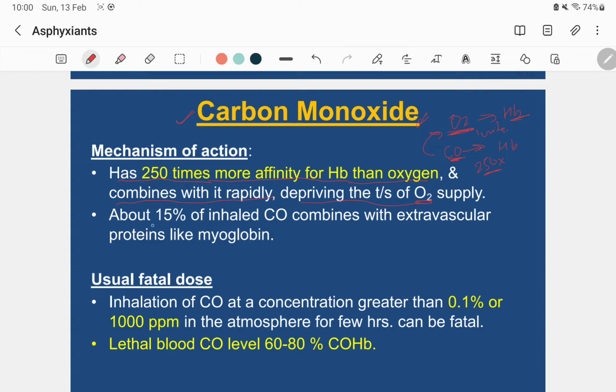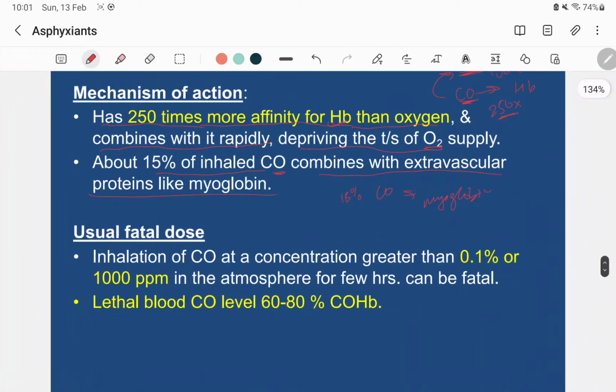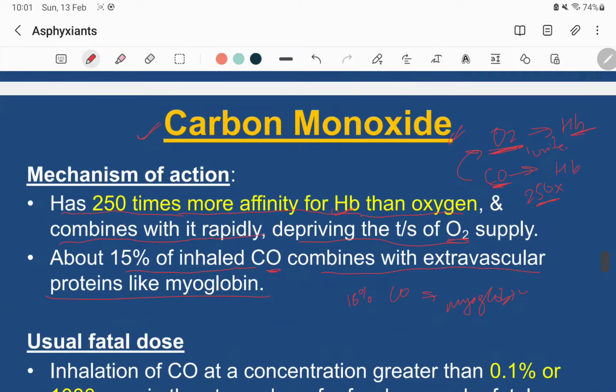About 15% of the inhaled carbon monoxide can combine with extravascular protein like myoglobin. Out of 100%, only 15% combines with myoglobin, but hemoglobin has 250 times more affinity than oxygen. I hope you take this in. That's the mechanism of action.